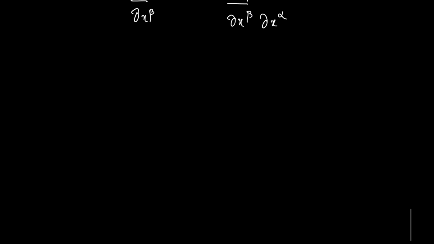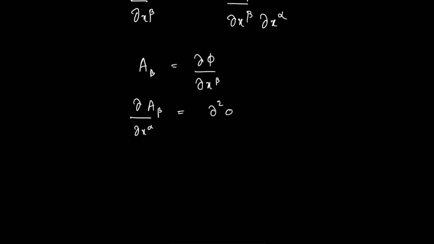Similarly, consider another vector A beta, okay, which is the gradient of phi with respect to x beta. Now I am going to take the derivative of A beta with respect to x alpha, okay. Then right hand side also I have to take. So it will be with respect to x alpha and x beta.